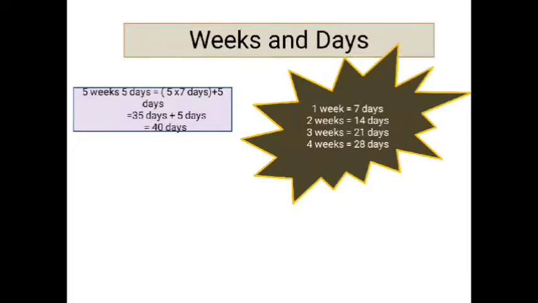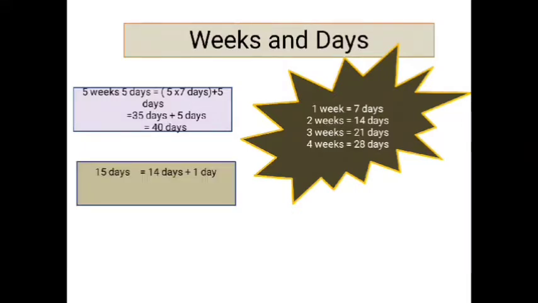How about in 15 days? Now, if just now we converted from weeks to days, now from days to weeks. How many weeks in 15 days? Okay, we can split them. We can separate them into days in a week and also the rest. So in 15 days, there are 14 days plus 1 day. 14 days equals 2 weeks. 2 weeks and 1 day.